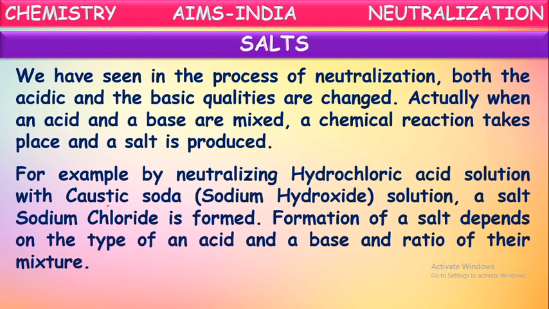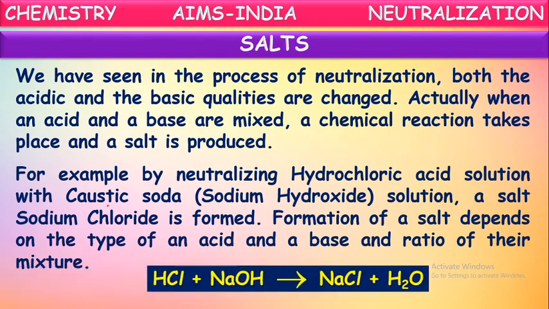Yes, when you mix an acid and a base, they form salt and water. So the type of salt formed depends upon the nature of the acids and bases mixed. Okay. See here, we told when hydrochloric acid reacts with sodium hydroxide, they form sodium chloride and water. The sodium chloride formed here is a salt.